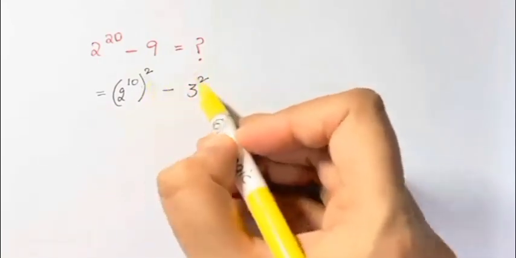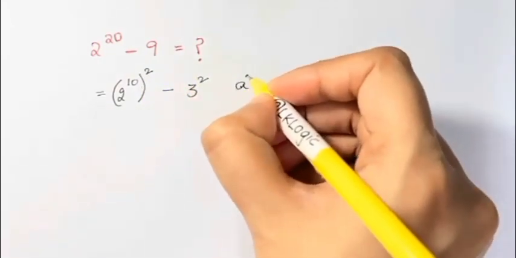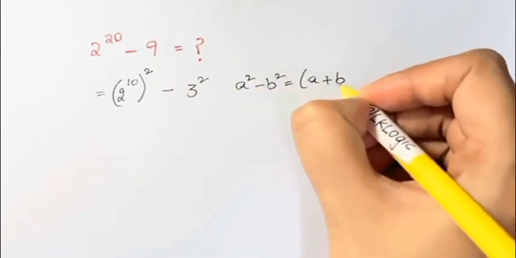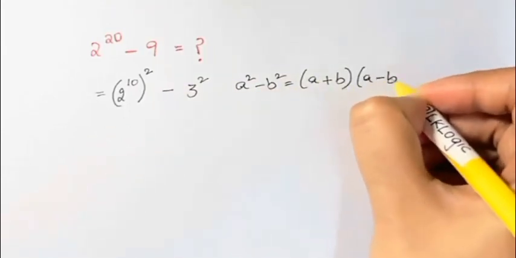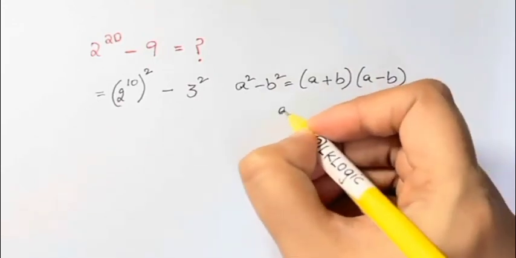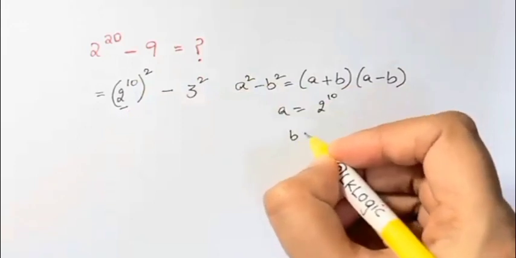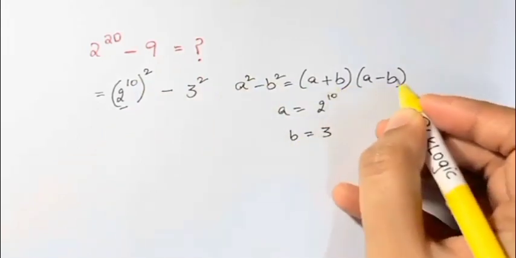Now if you see, you have a square minus a square, this is an identity. A square minus b square is equal to a plus b times a minus b. So what is our a here? A is this part, 2 to the power of 10, and b is 3. So let's substitute on this.